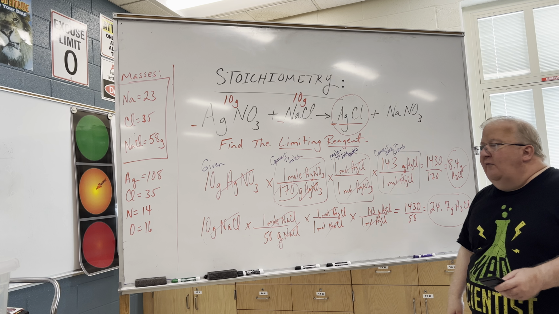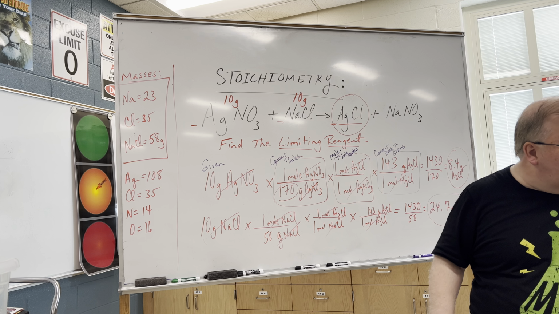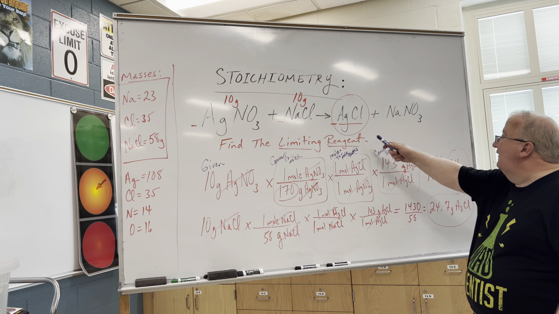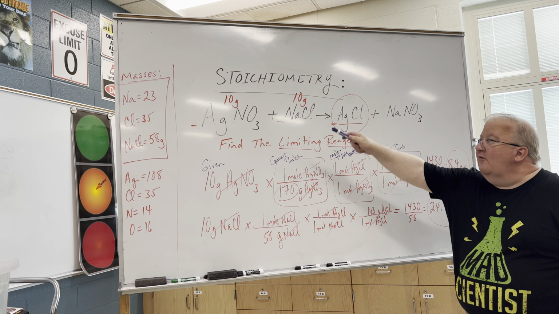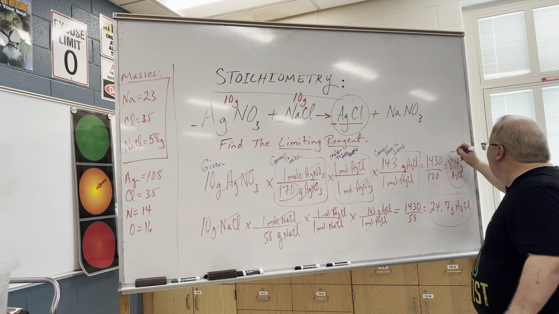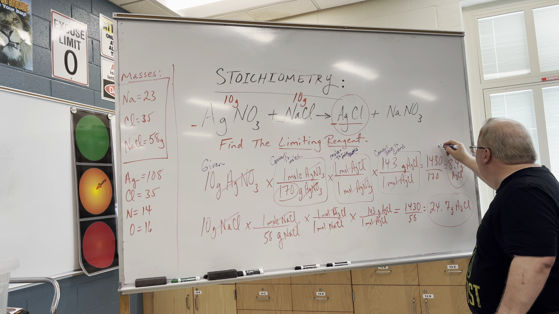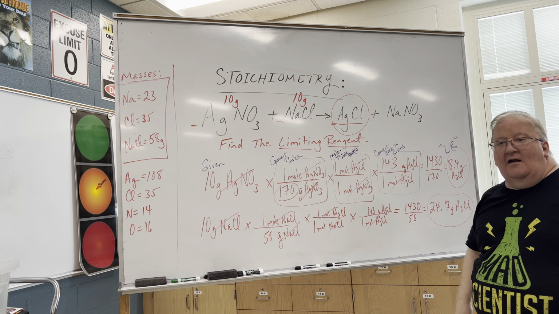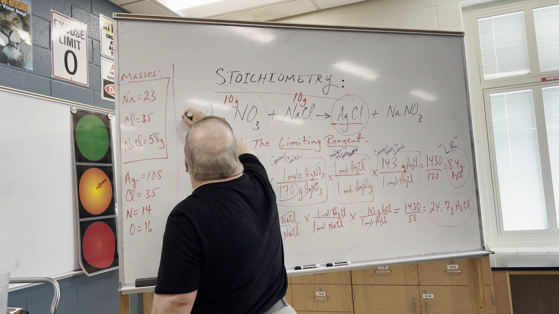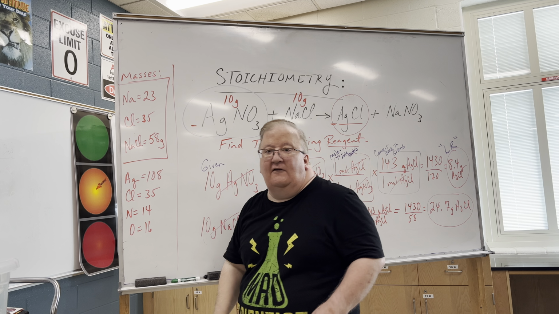So, what does all that tell us? That tells us that only 8 grams can be made if I'm starting out with 10 grams of silver nitrate. I'm only going to be able to make 8 grams of my product. So my limiting reagent is the silver nitrate. That's my limiting reagent.